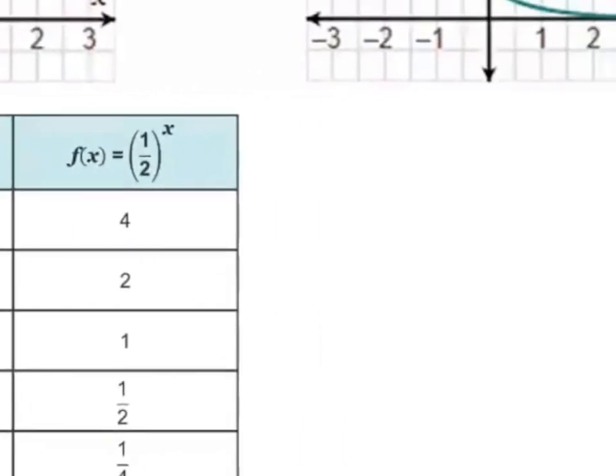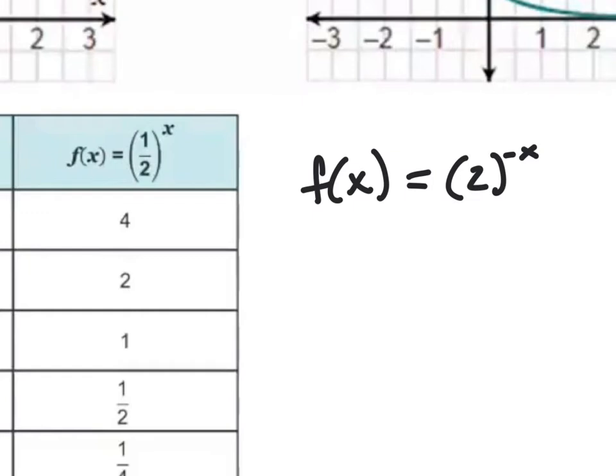Okay, if I were to take this function, f of x is equal to the base 2 to a negative x power, all right? When I write that, I'm really writing this as 2 over 1 to the negative x, okay? And when I have a fraction raised to an exponent, I can apply that exponent to the numerator and the denominator.